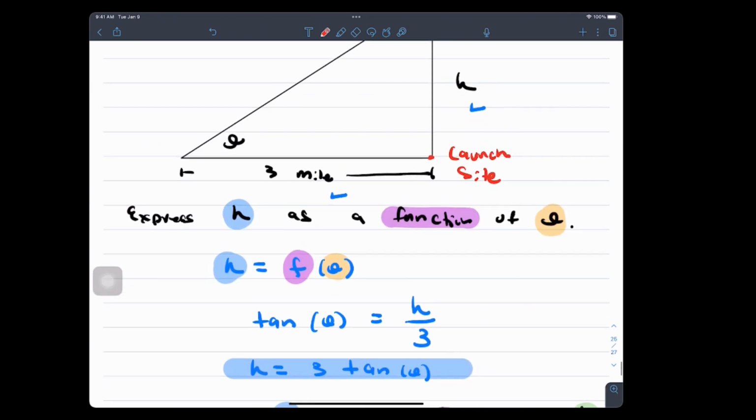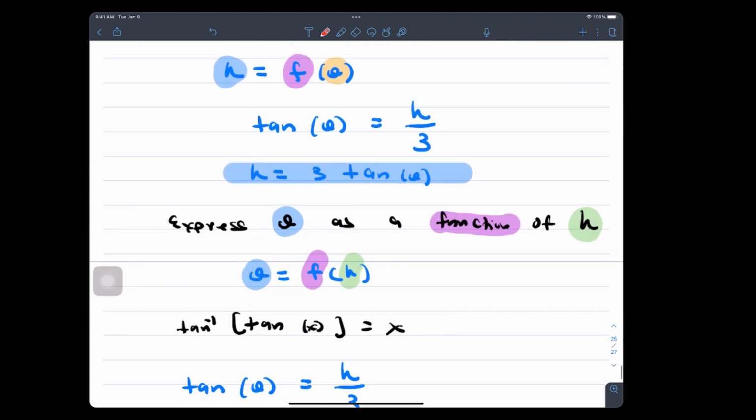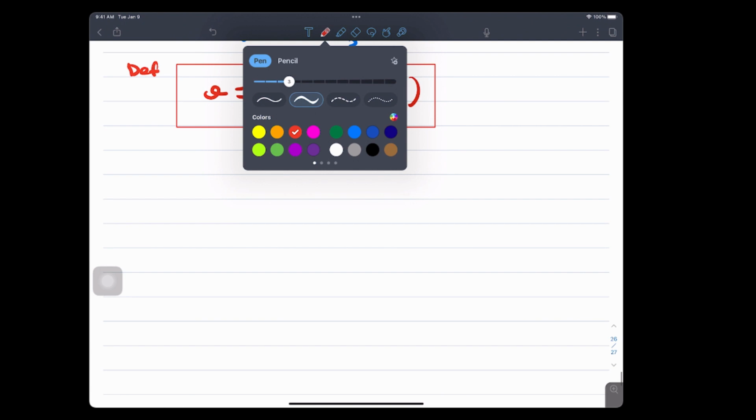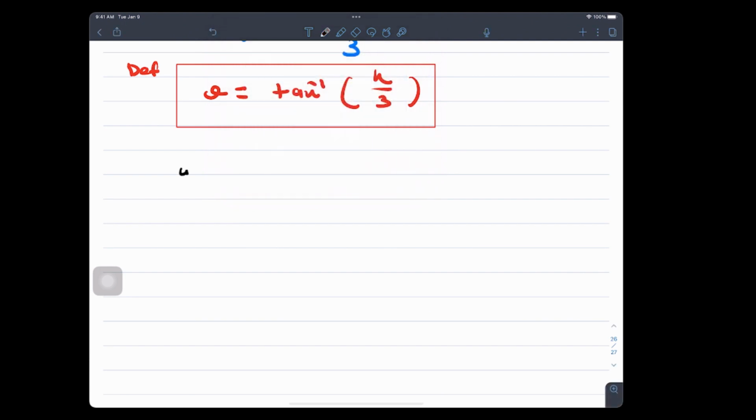Okay, so this is the very famous looking at a physical situation and how you're going to apply the inverse trig function relationship. Because now they can say here, what is theta, the angle of elevation, when the height of the rocket is 5 miles in the air? They're now going to say, can you give me the angle of elevation when h is 5 miles?